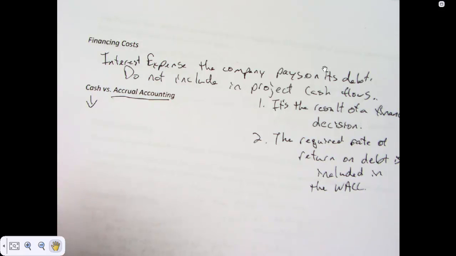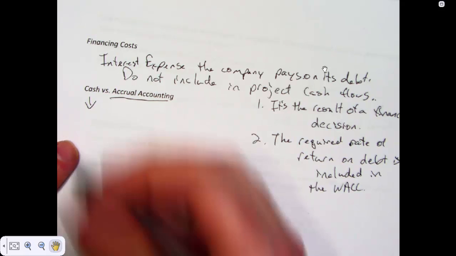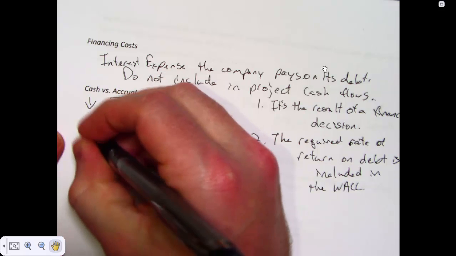We start with the revenues for the project. We account for any accounts receivable and inventory we have to invest in. And really this is where it matters, a difference between looking at financial statements and looking at project cash flows. It matters in two different areas. The first is depreciation expense.